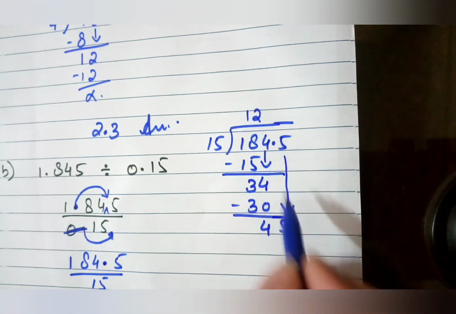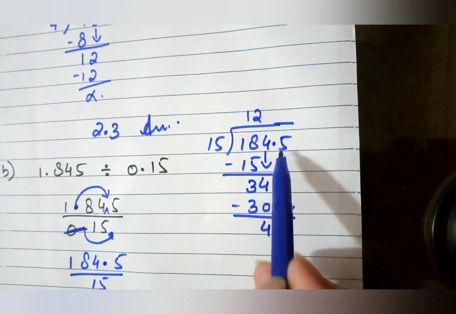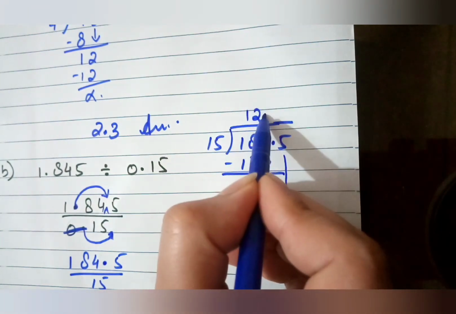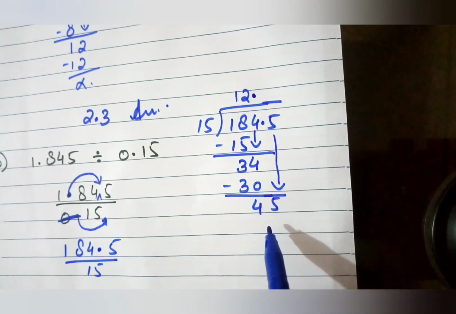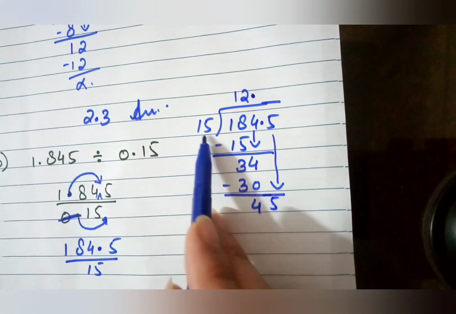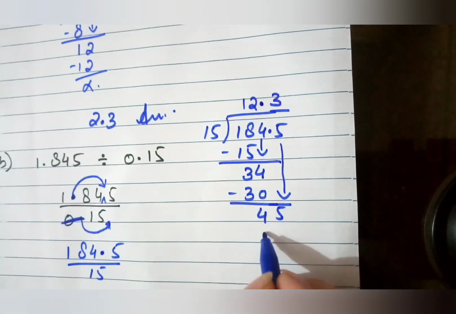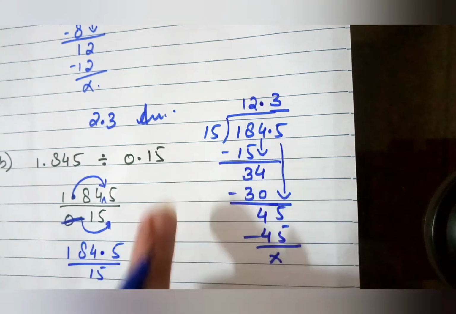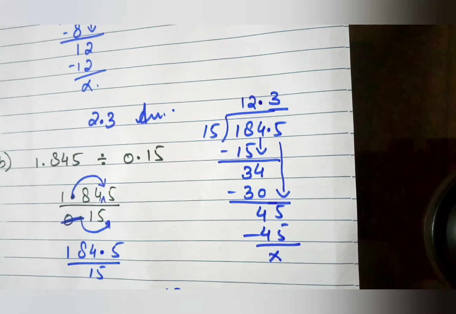Now when I'm bringing down this 5, I see that there is a point between 4 and 5. So move this point into your quotient too. Now the term becomes 45. 15 multiplied by 3 is equal to 45. Our term is completely divided. So we have the answer 12.3.